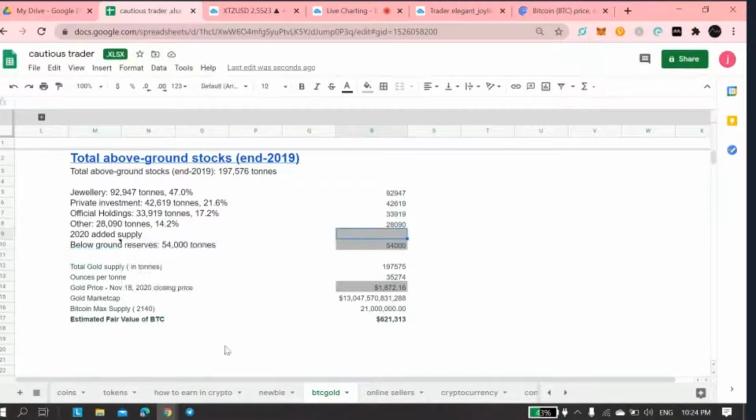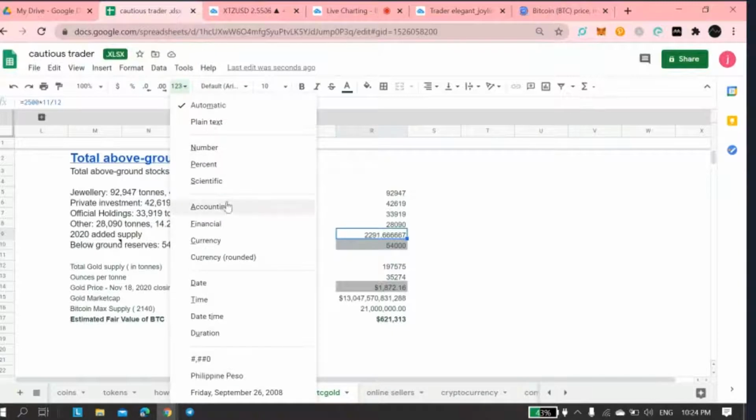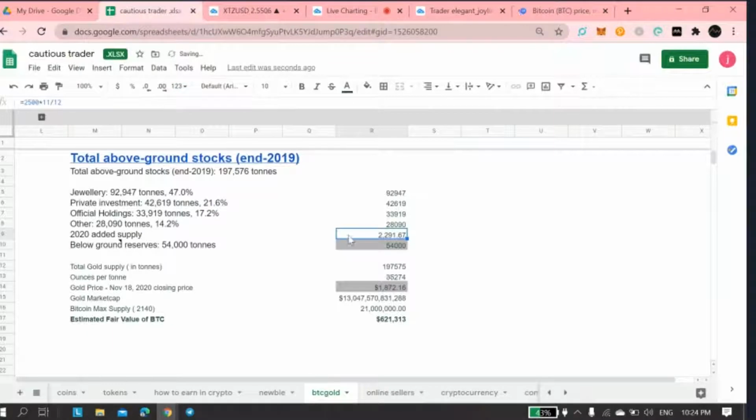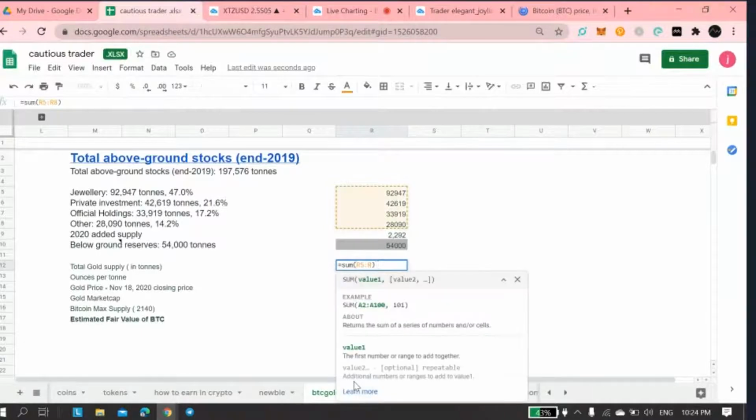On a conservative note, we'll use 2,500 and then prorate that. So 2,500 times 11 over 12, that's around 2,291 tons. We'll just use this number. We'll use the rounded numbers. So the total will be R9.